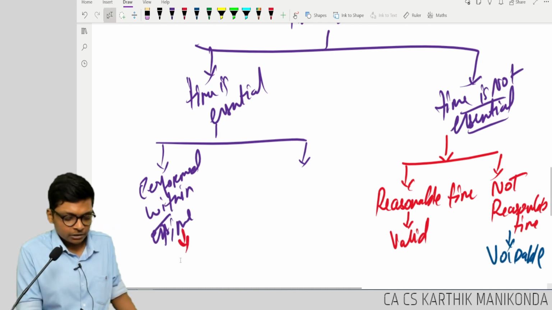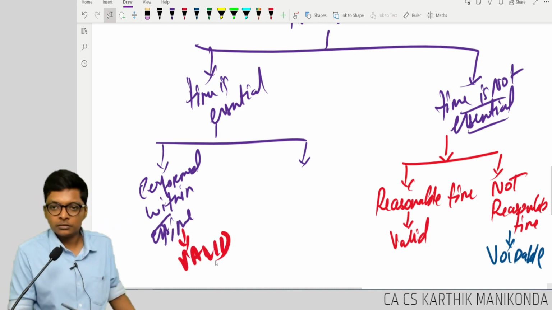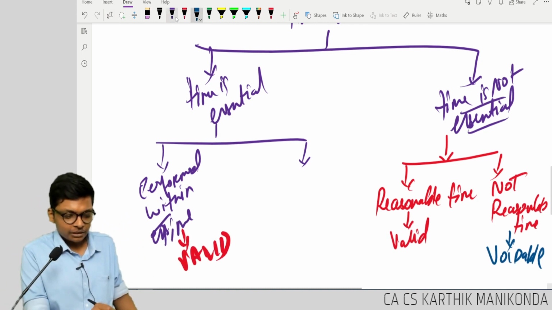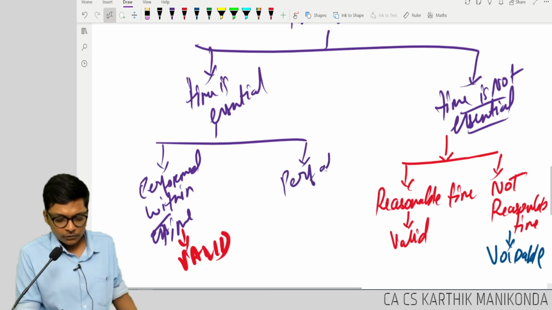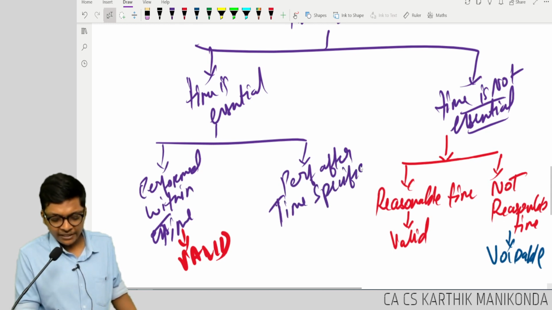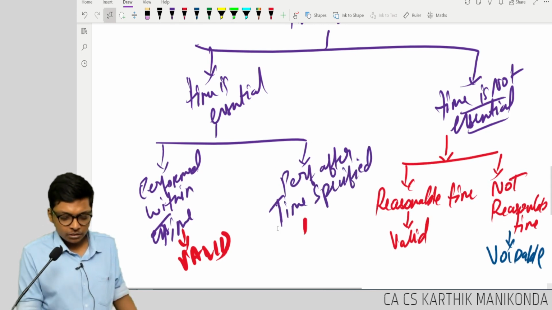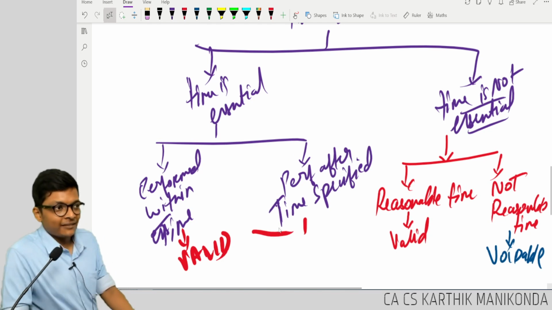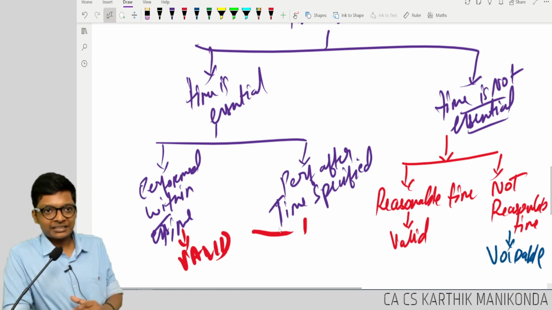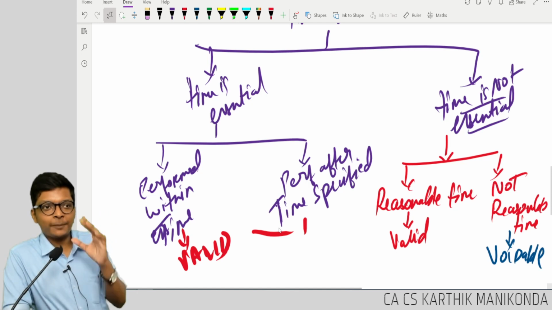So contract is valid. Correct? Here, second case, performed after time specified. Now you tell me, guys, Domino's told I will deliver within 30 minutes. He came in 40 minutes. What will you do?